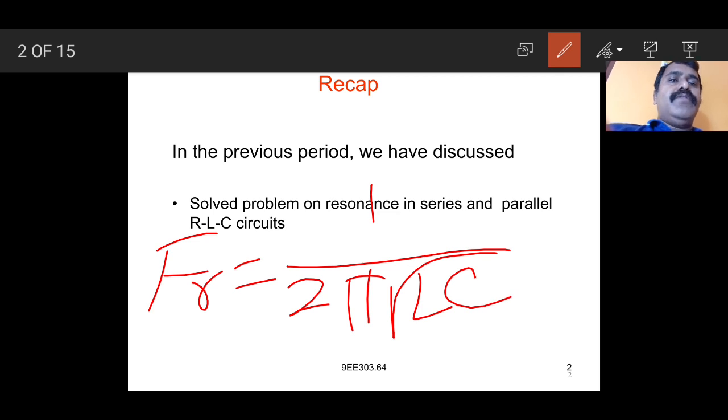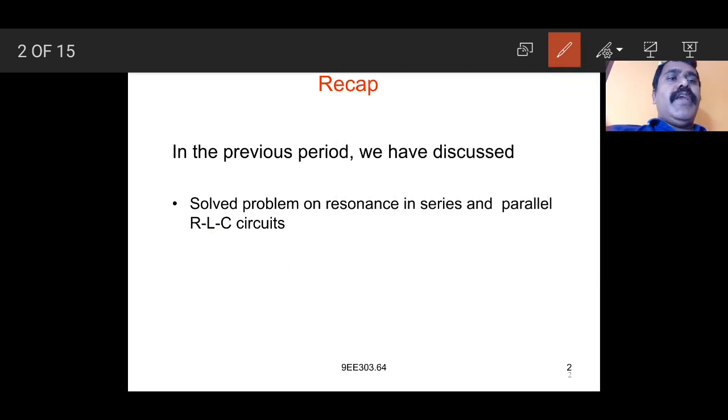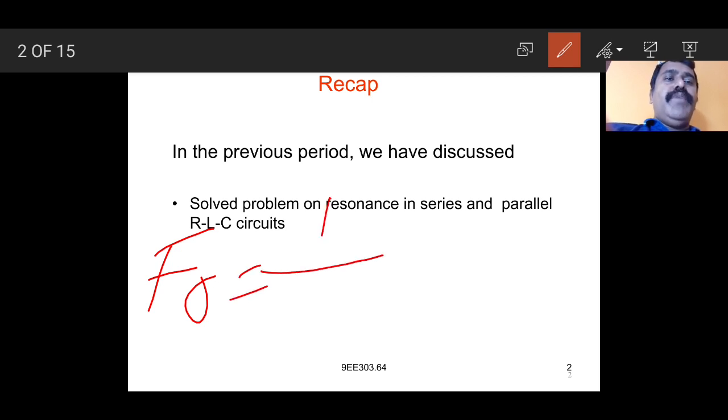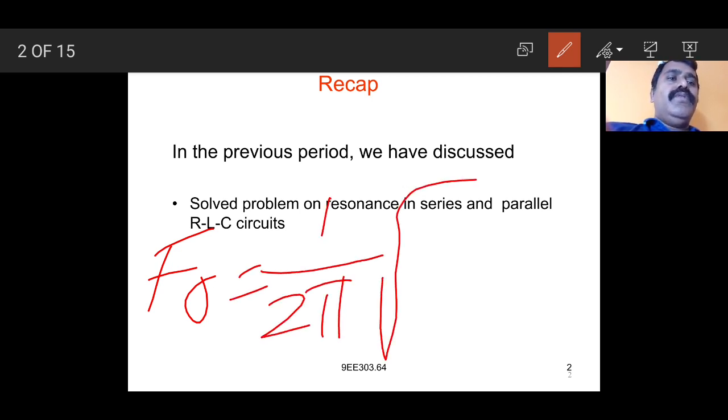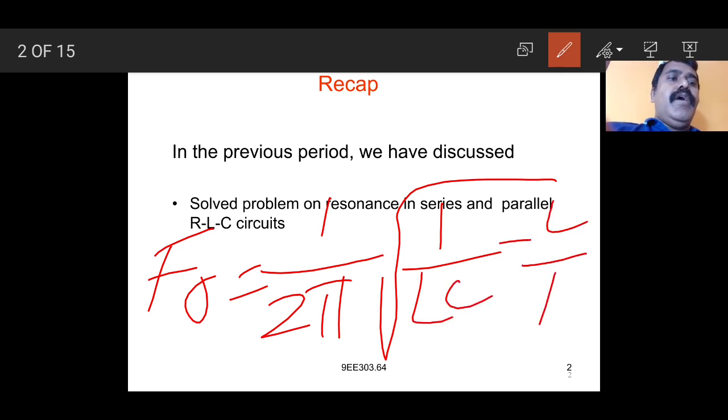In the case of parallel circuit, FR is equal to 1 by 2 pi under root of 1 by LC minus L by R whole square.